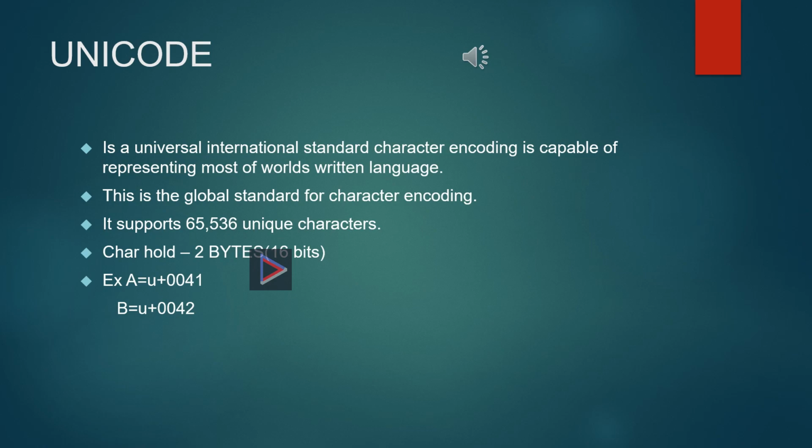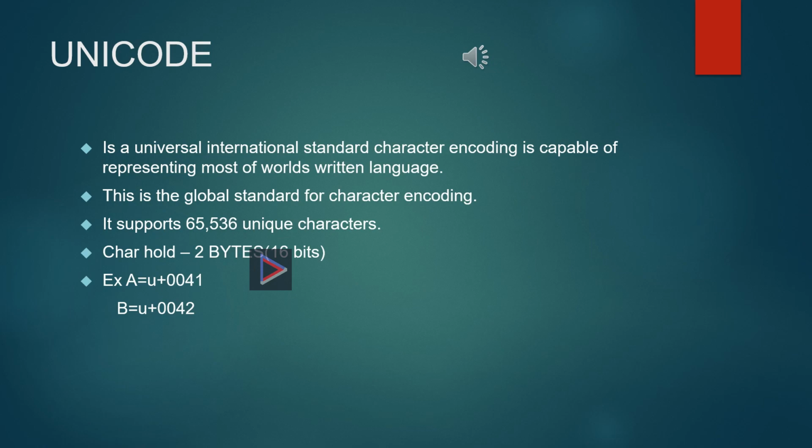What happens all over the world is that different languages are used, and if everybody uses a different numeric value for the characters, then confusion and conflict will arise between programmers. So to resolve this problem, Unicode was created.